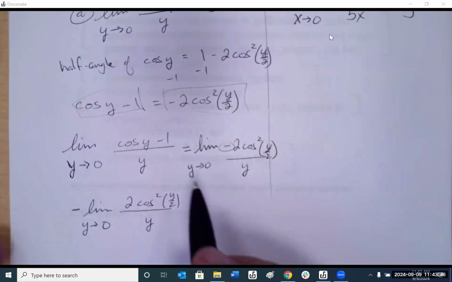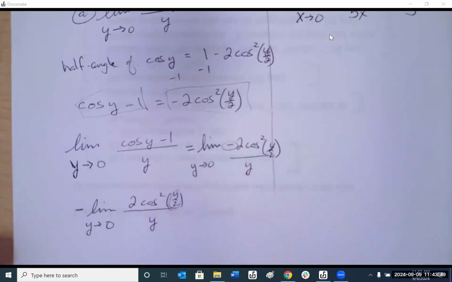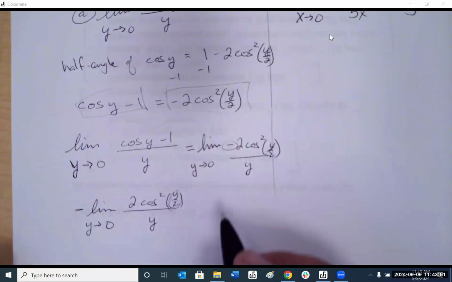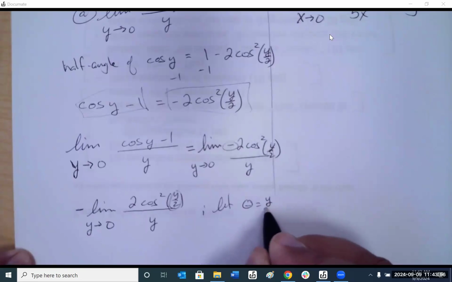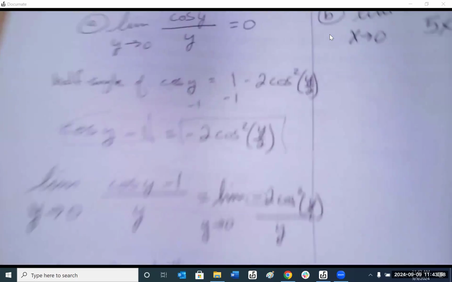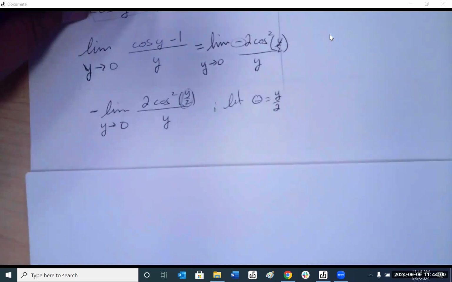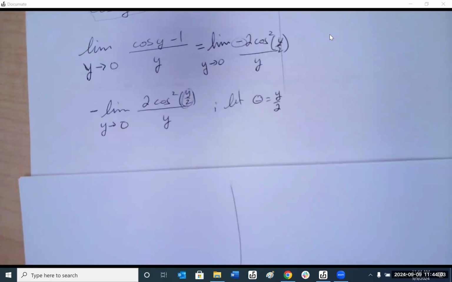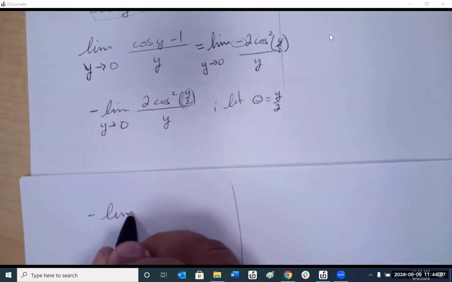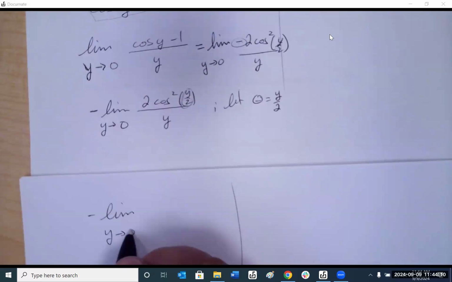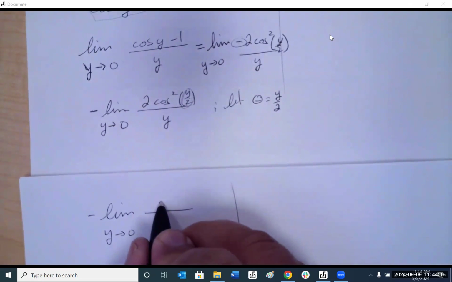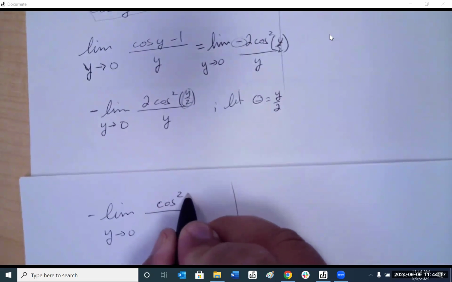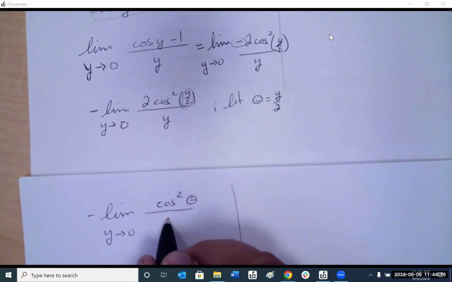Now, using substitution, let theta equal y over 2. So we have negative the limit as y goes to 0 of cosine squared theta over theta.